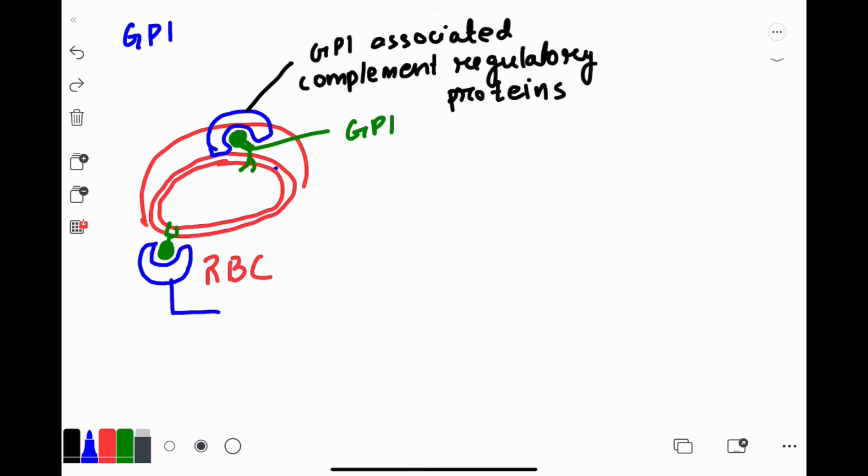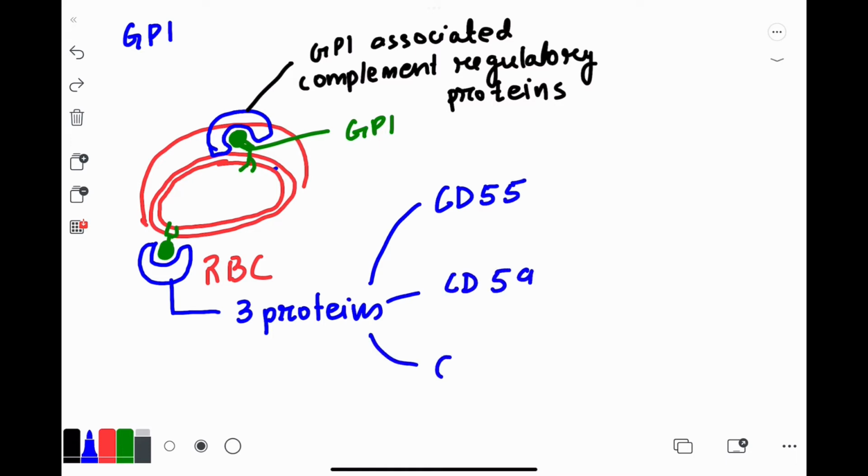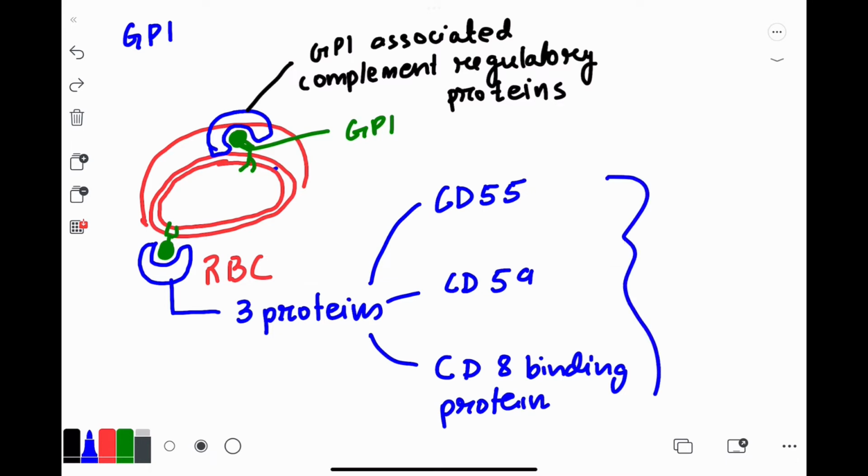Basically in PNH three proteins are absent. The first one is CD55, the second one is CD59, and the third one is C8 binding protein. All of these are lost as they are GPI associated and GPI is absent.